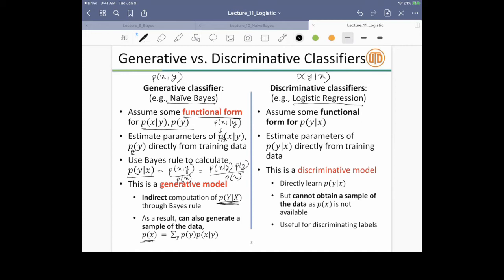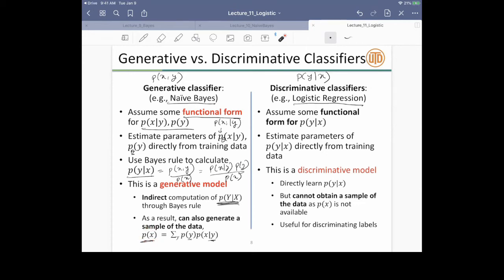If we have P of y's and P of x given y, we can sample and get a distribution of P of x. So in generative models, we are using some of the energy of the model to figure out the conditional distribution P of y given x, but also the distribution of P of x.